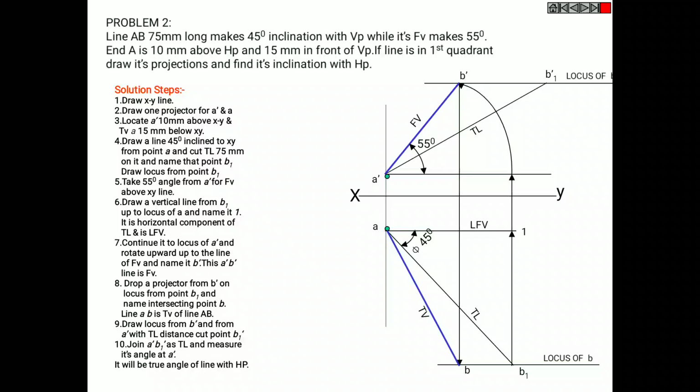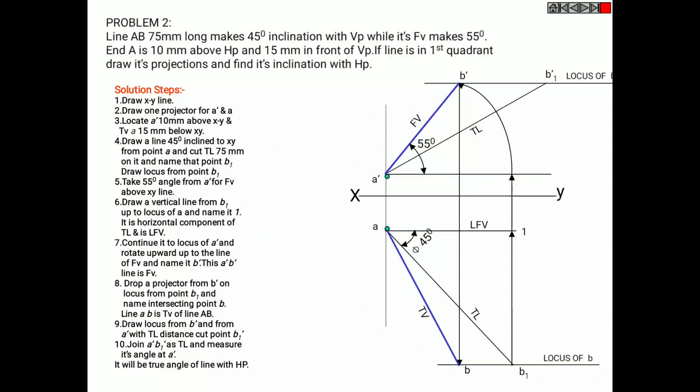Join A dash B1 dash as true length and measure its angle at A dash. It will be the true angle of line with HP.